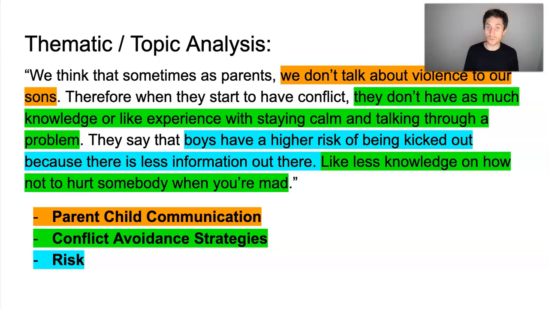Or what we might do is look at that particular question across all of the participants. So if we had 10 participants, we'd line up all 10 transcripts and look just across all 10 of those, looking for responses to this particular question and whether there was parent-child communication, conflict avoidance, or risk noted within the responses to that particular question.